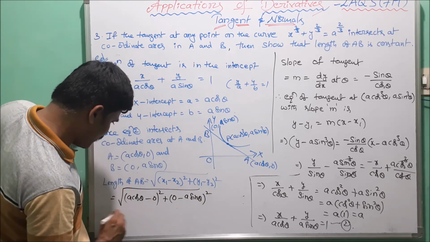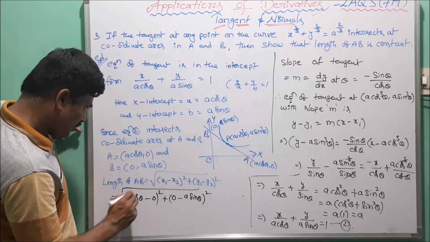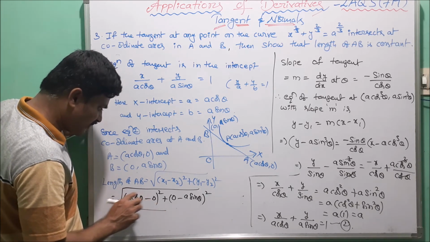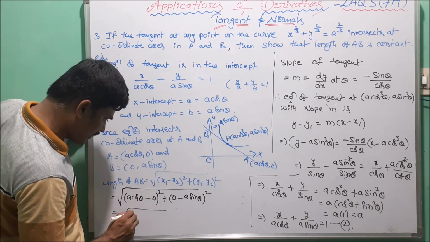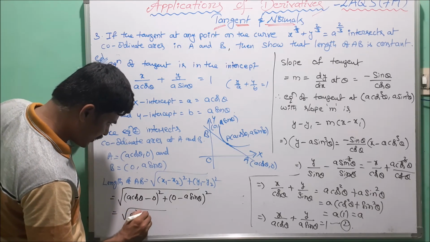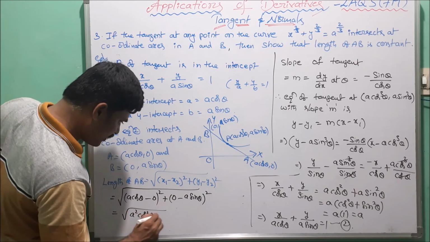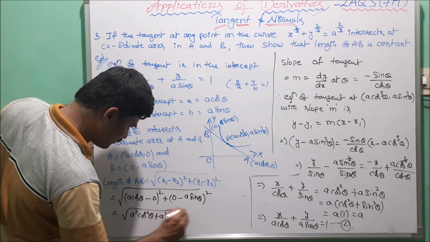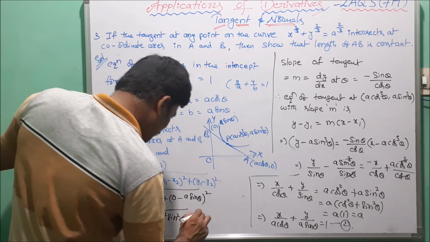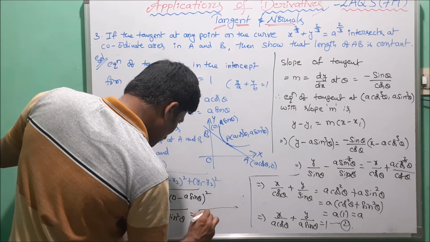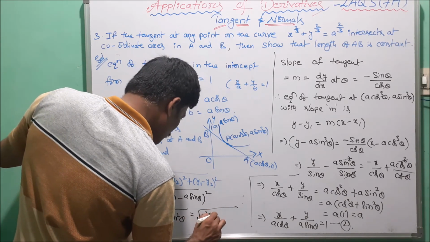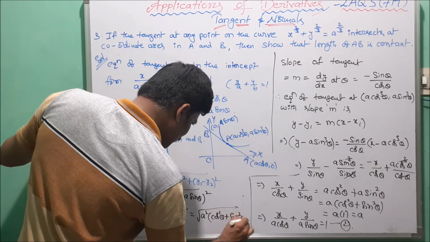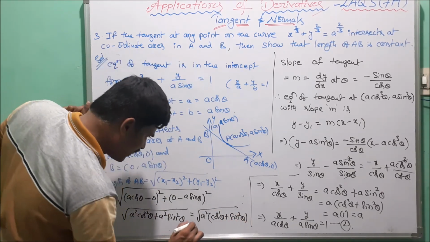Now we can simplify that. Square root of a cos theta minus 0 means a square cos square theta, a square cos square theta, plus a square sin square theta. Now in that we take common a square into cos square theta plus sin square theta.